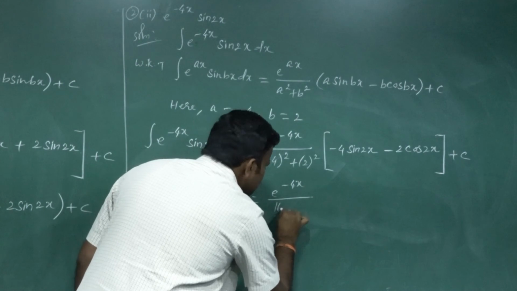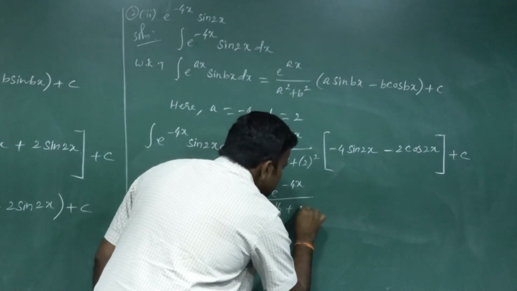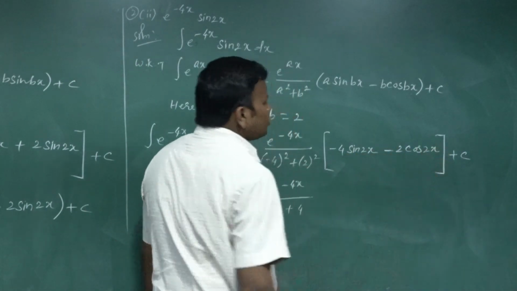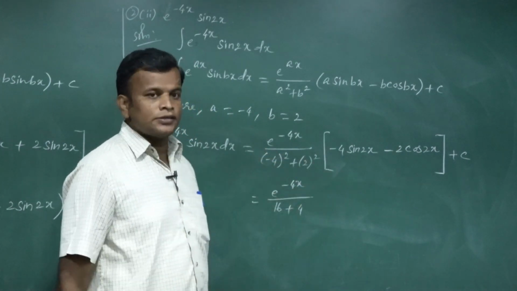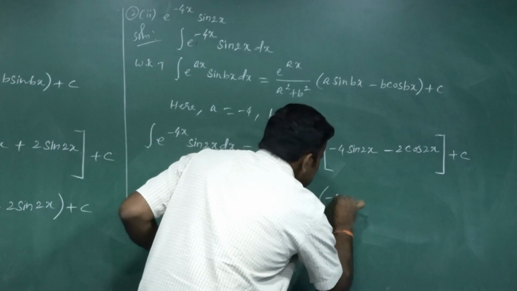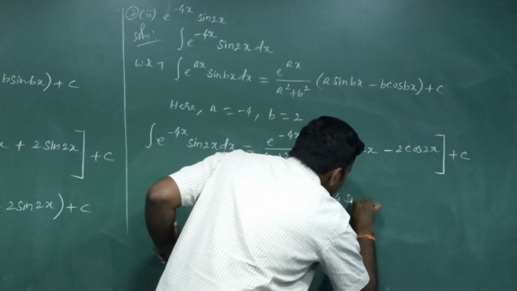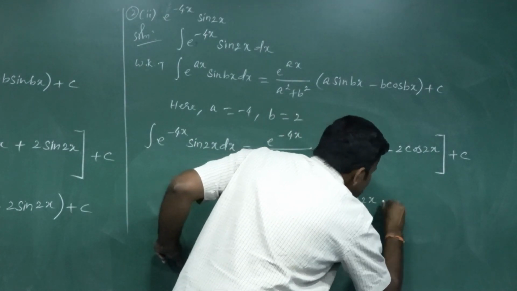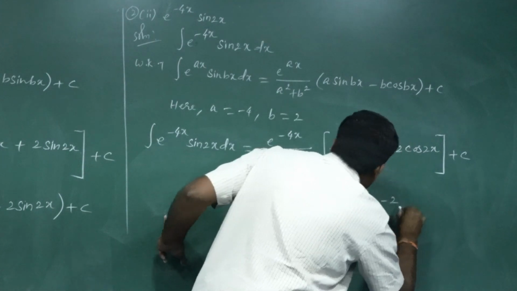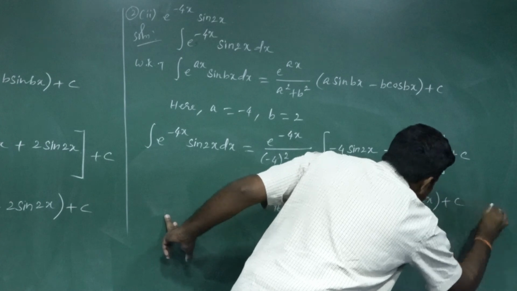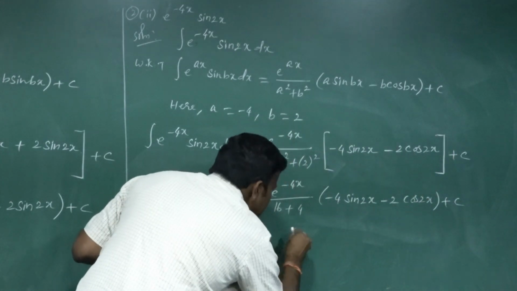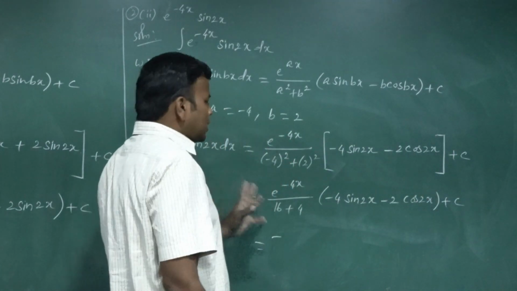So 16 plus 4. You see, in both terms minus is common. So it will be taken outside or you write as it is. First I write it is minus 4 sin 2x minus 2 cos 2x plus c. The next step I will be taking just outside the minus.